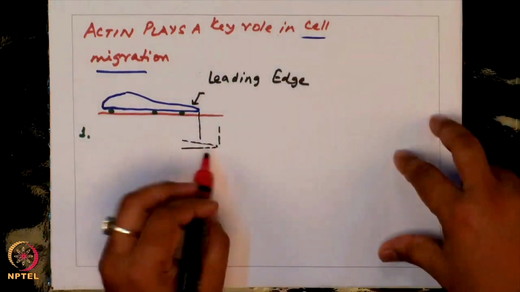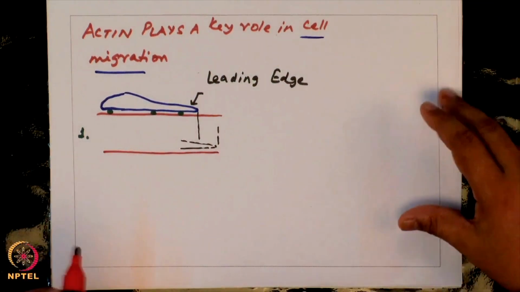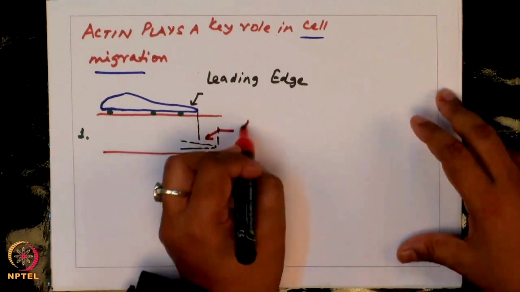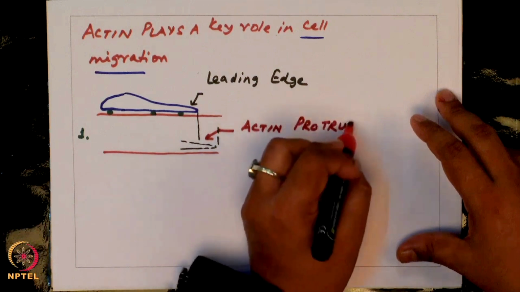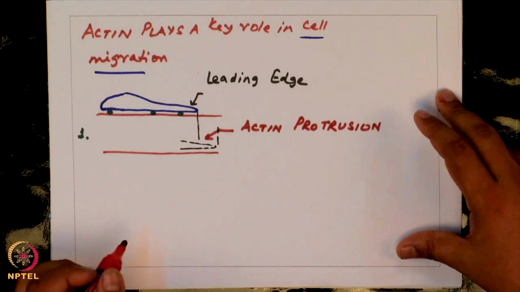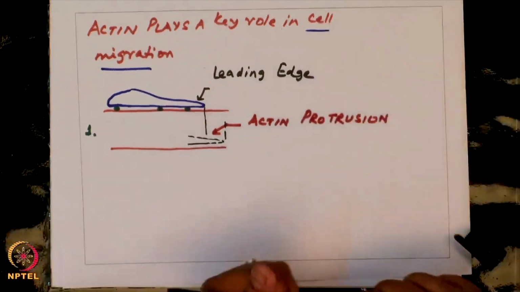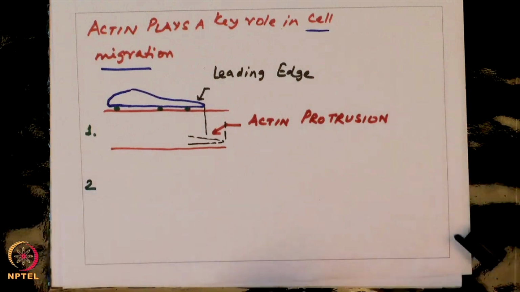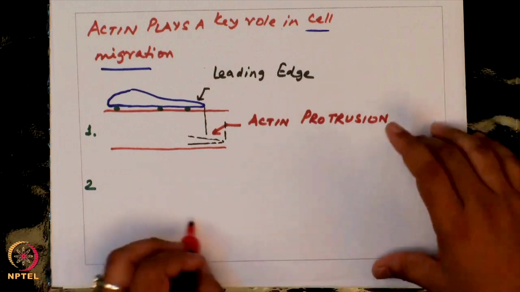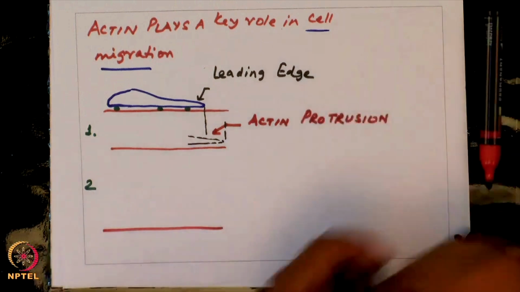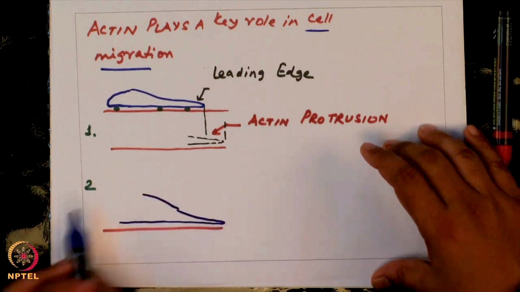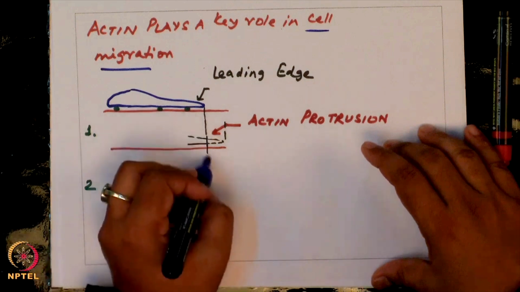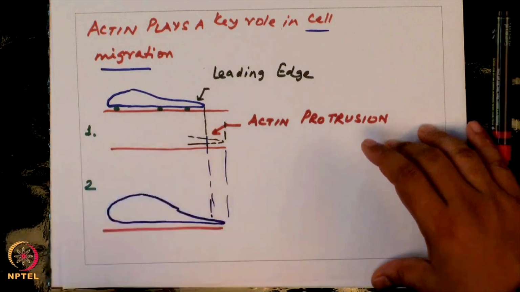So, this remains the substrate. I am not drawing the entire cell. You have actin protrusion. In the second step, what you see is the formation of an adhesion. So, for the second step, I have to draw the entire cell. Once again, this is your protrusion.